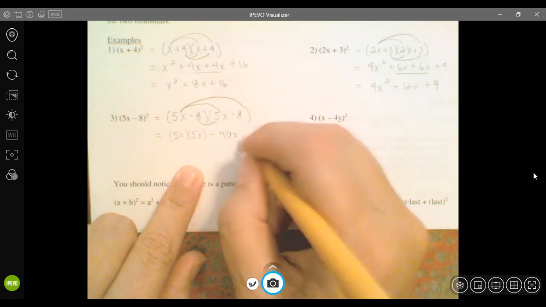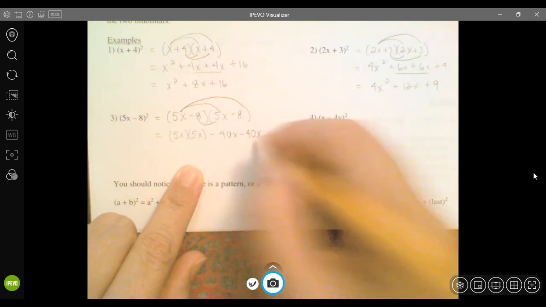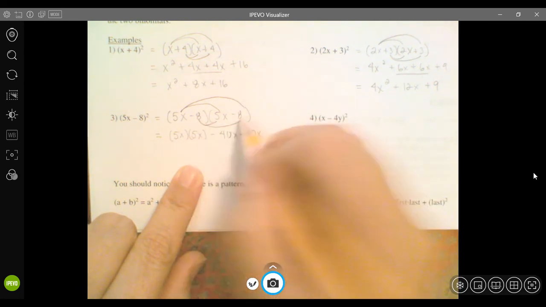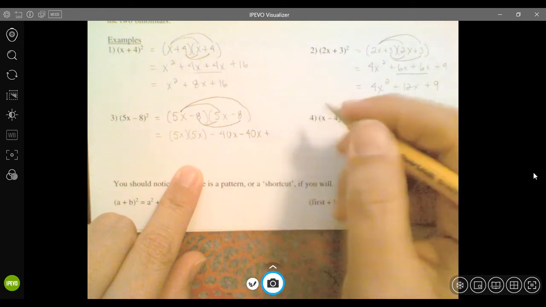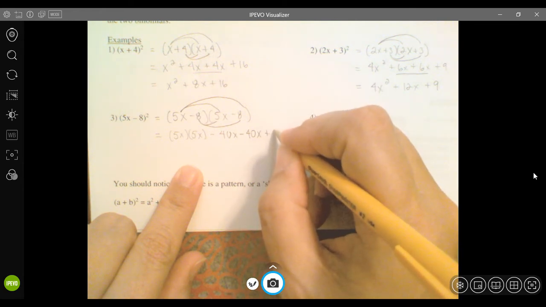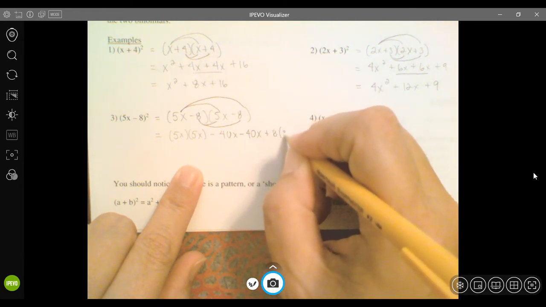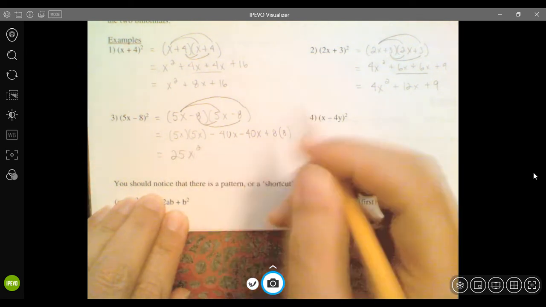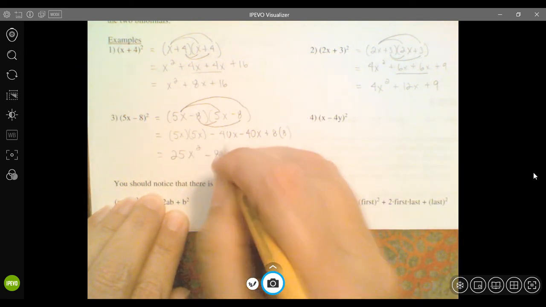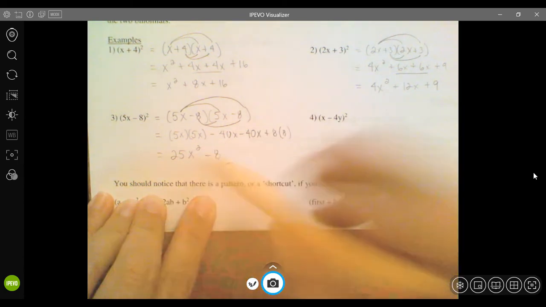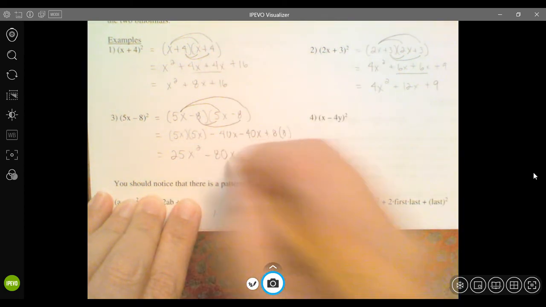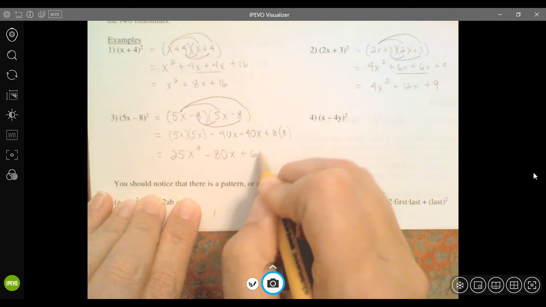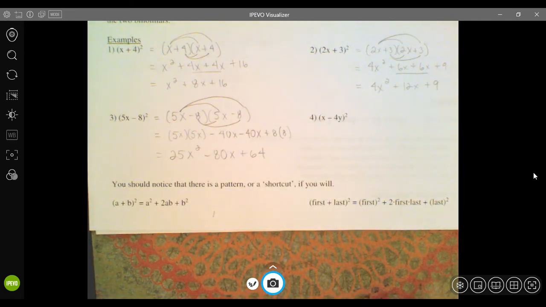When we go inside, we get negative 40x. And then we're going to take 8 times 8. And we get 25x squared minus 80, not 8, goob, 80x plus 64.